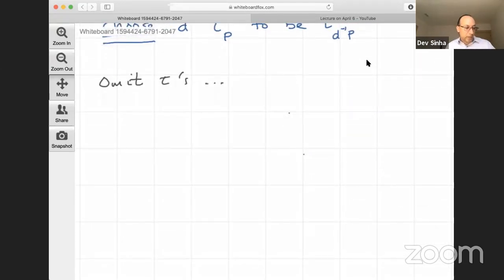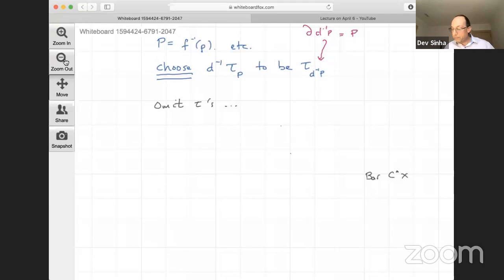And so what I said is we want to consider the bar construction on the cochains of X. Let me zoom out just a little bit. Then, for example, little p bar little q bar little r will be a cocycle because p, q, and r are submanifolds.